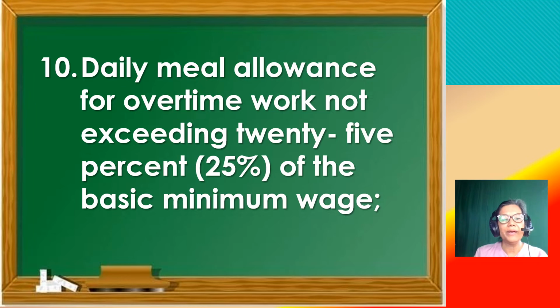Daily meal allowance for overtime work not exceeding 25% of the basic minimum wage. This is intended for the rank and file employees who rendered overtime work. Remember, class, that you have to work only if it is approved by the top ranking official.